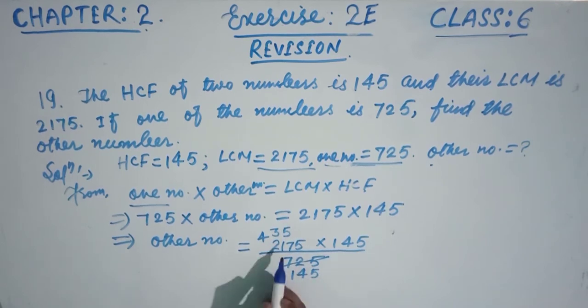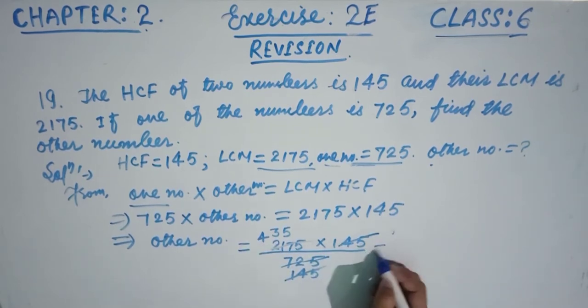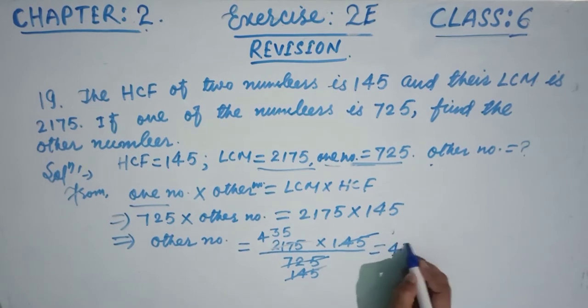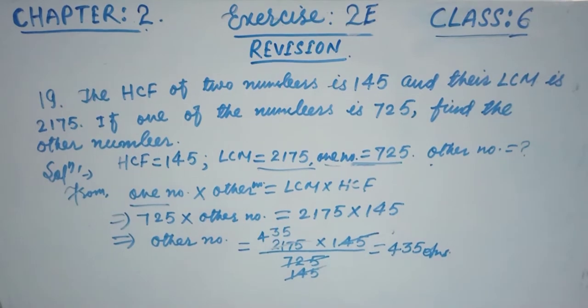Now this is also cancelled. 5 4s are 20, so 1 is this, it became 17, and 5 3s are 15, so 2 is the balance, it became 25, and 5 5s are 25. So this 2175 will get cancelled by 5 as 435. Now this 125 will get cancelled, so the answer is 435. This is the answer. I hope you grasp and understand.